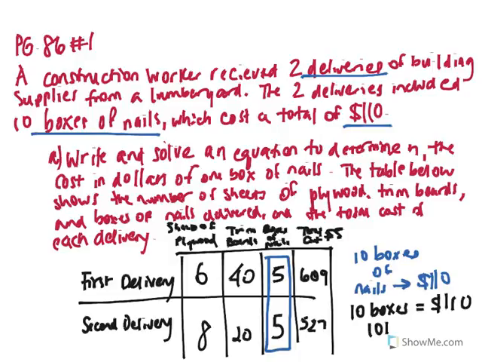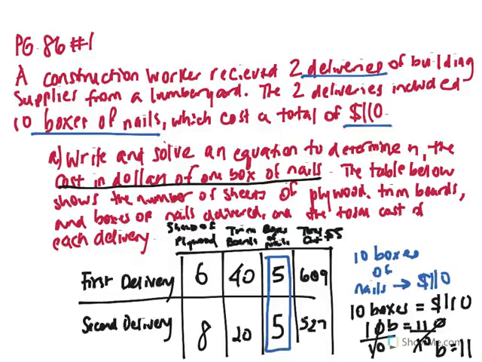We'll have B stand for the variable, which is number of boxes, and we get 10B equals 110. Divided by 10, divided by 10, B equals 11. So what is B when we just solved for? Oh, B is the cost in dollars of 1 box of nails. Okay, so the cost in dollars of 1 box of nails is $11. That will be our answer to the problem.